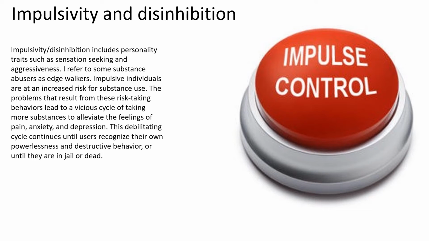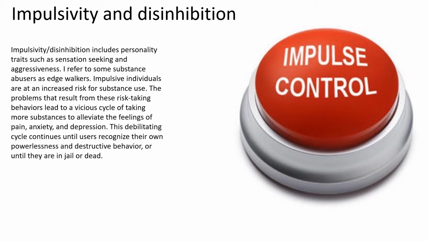Impulsivity and disinhibition. Impulsivity/disinhibition includes personality traits such as sensation seeking and aggressiveness. I refer to some substance abusers as edge walkers. Impulsive individuals are at increased risk for substance use.